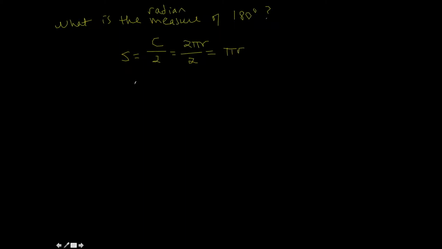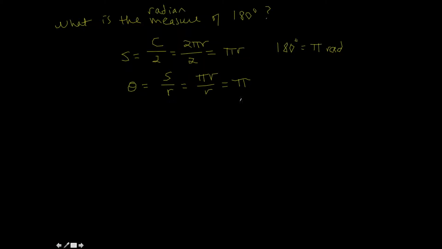So if we take that and put it in our formula, theta equals S over R, well, now we have pi r over r, which is pi. So this is going to be an important conversion factor for us. 180 degrees equals pi radians. Commit that to memory. That's going to be our conversion factor for converting between radians and degrees. Okay? 180 degrees is pi radians.